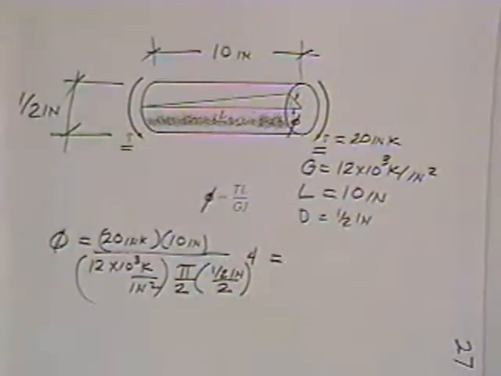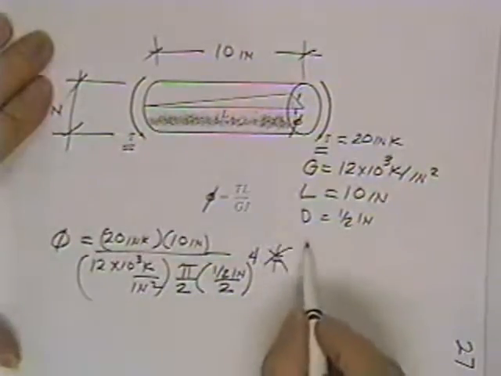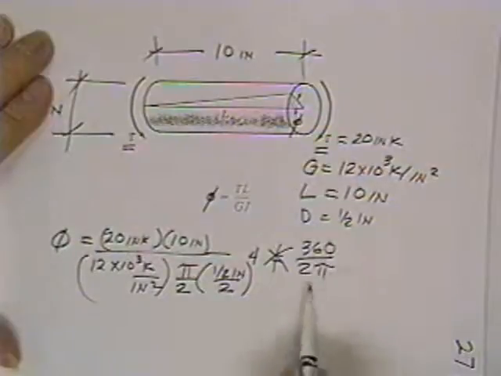And whatever it comes out, that's how much rotation you'll find in radians. If you got 4 or 5 answers on the exam and they all say 2 degrees, 8 degrees, 17 degrees, then you'd have to multiply that times 360 divided by 2 pi. That's a complete circle.